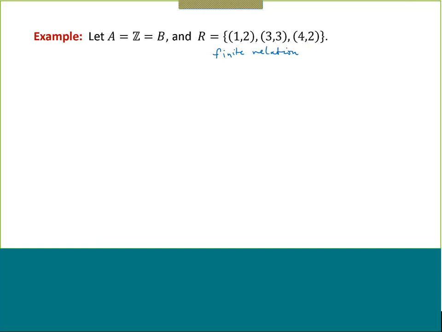Anybody have a guess? So suppose you had a question and it says to do whatever it says with a finite relation. If it wants you to find some finite relation, what's the key thing you'd have to do to make sure your relation was finite? Any guesses?